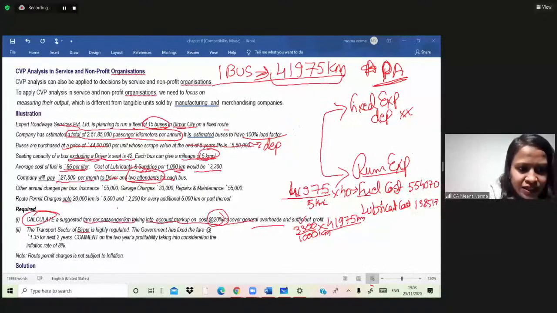The company will pay salary to the driver. Now see, the salary to the driver is 27,500, and the salary to two attendants. We can take it here also, under fixed expenses.